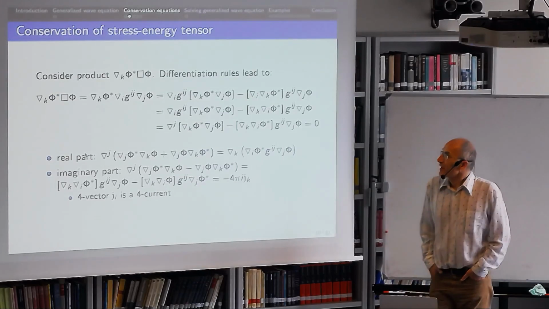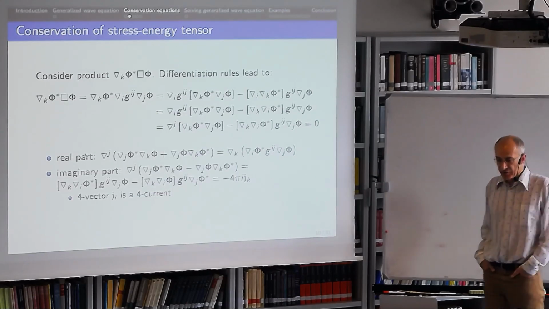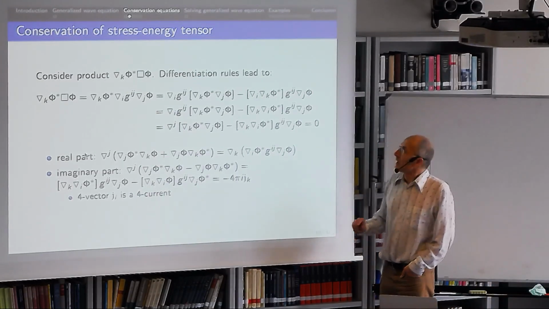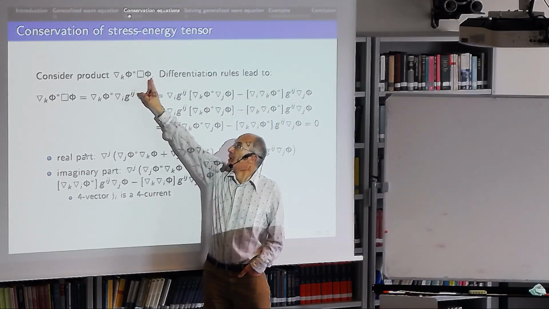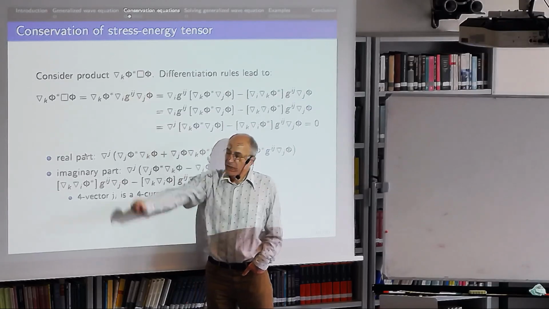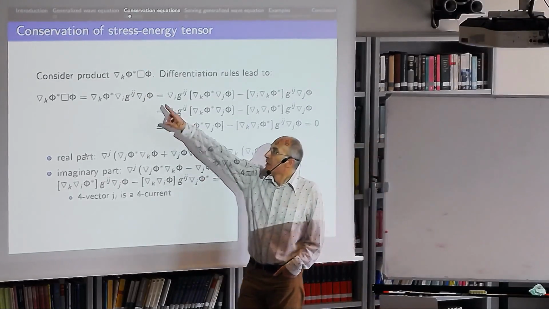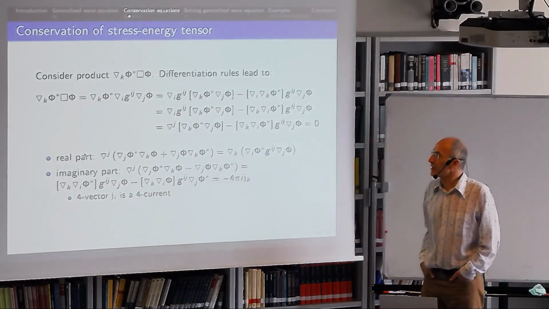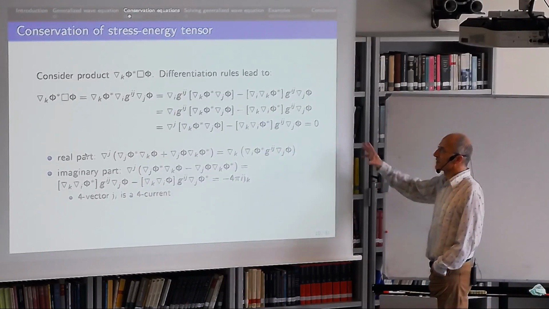More interesting, and what I was looking for, is the conservation of the stress energy tensor. And this conservation is obtained by, instead of considering the product of the D'Alembertian with the complex conjugate of the velocity potential, looking at the covariant derivative of the velocity potential. So there's a little bit of mathematics, but basically it is the same.